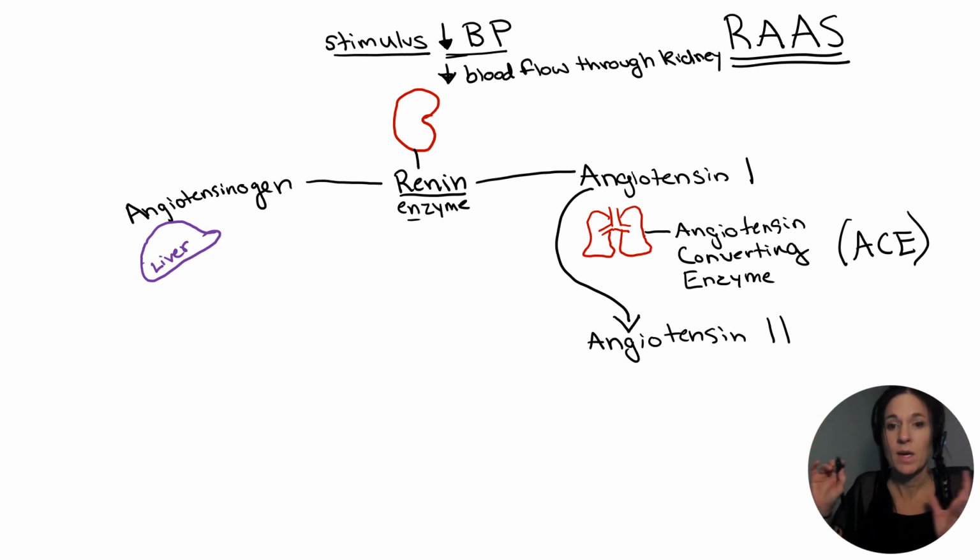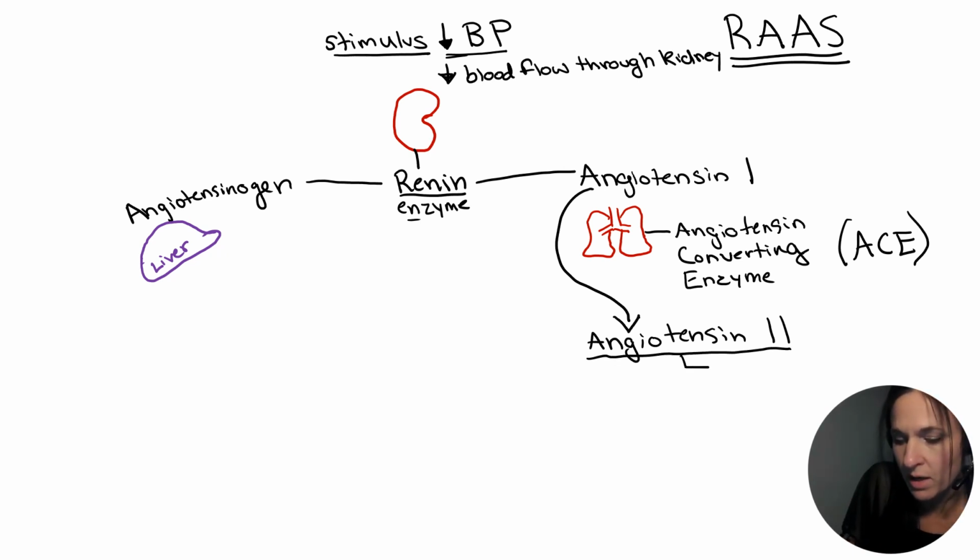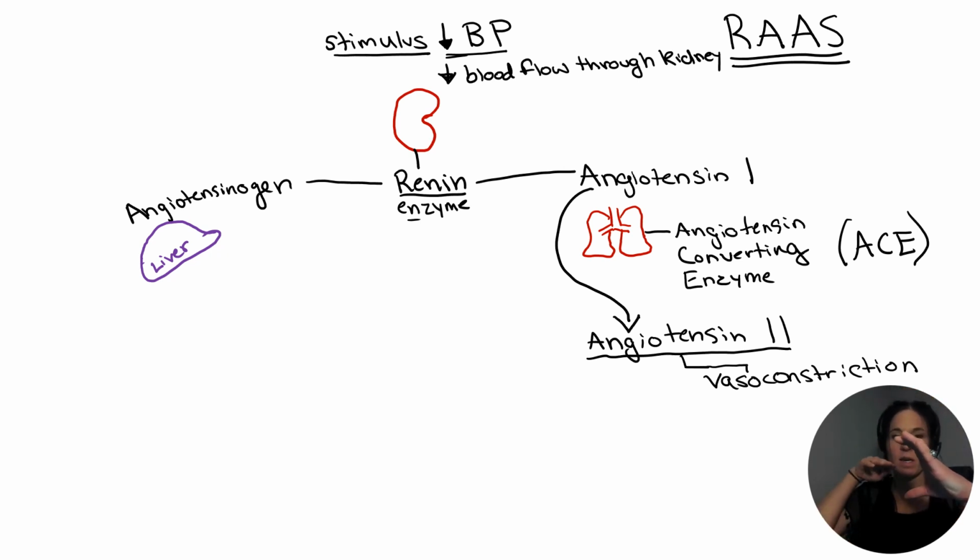Let's start with angiotensin 2 on its own. Angiotensin 2 can cause vasoconstriction. When we have vasoconstriction, think, we have all this fluid moving through here, and now we've reduced the diameter of the lumen.